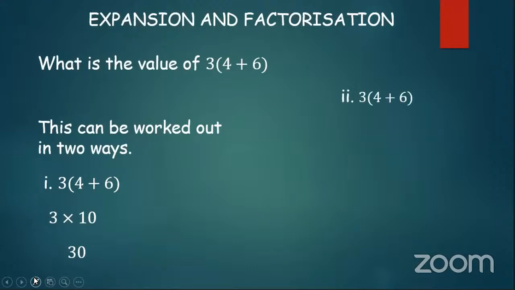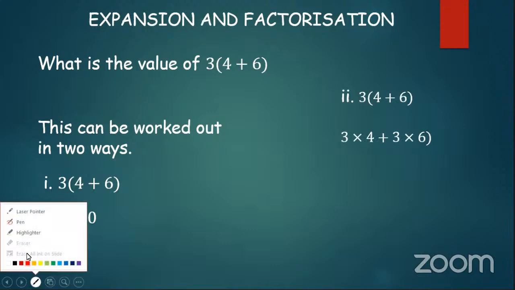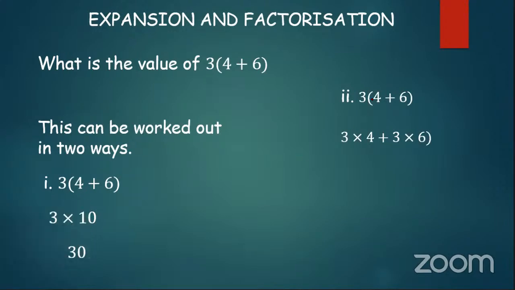Then the alternative way would be to first open the brackets, such that we get this 3, multiply it by 4, which gives 3 times 4, and then we get a 3 and again multiply it with 6. Since up here we are adding, that will be plus 3 times 6.